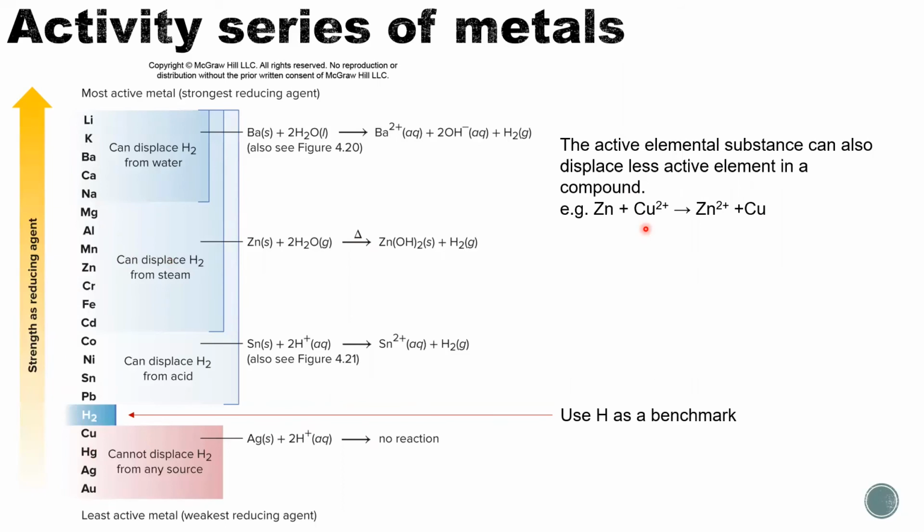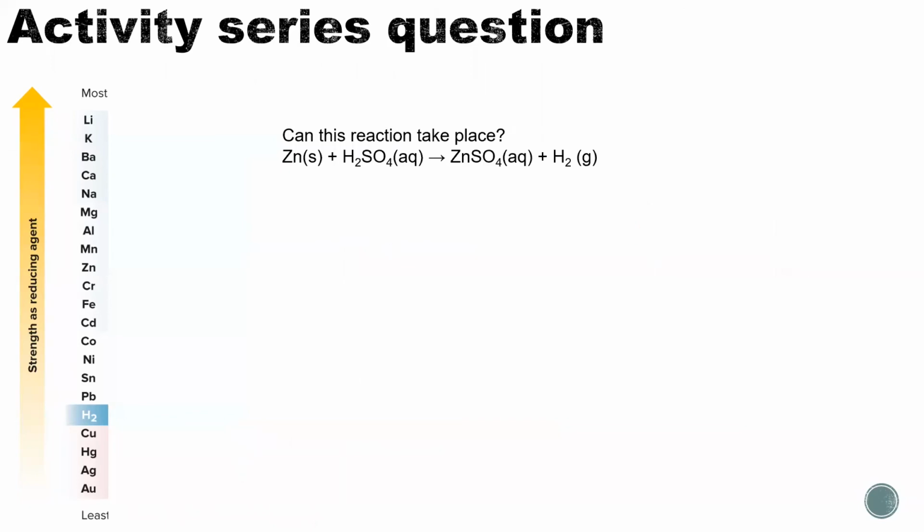All right, let's try a problem. Now I give you this activity series. As you can see, zinc is more active than hydrogen. So can this reaction take place? Can zinc react with sulfuric acid to produce zinc sulfate and hydrogen gas? Here sulfuric acid is an acid, right?